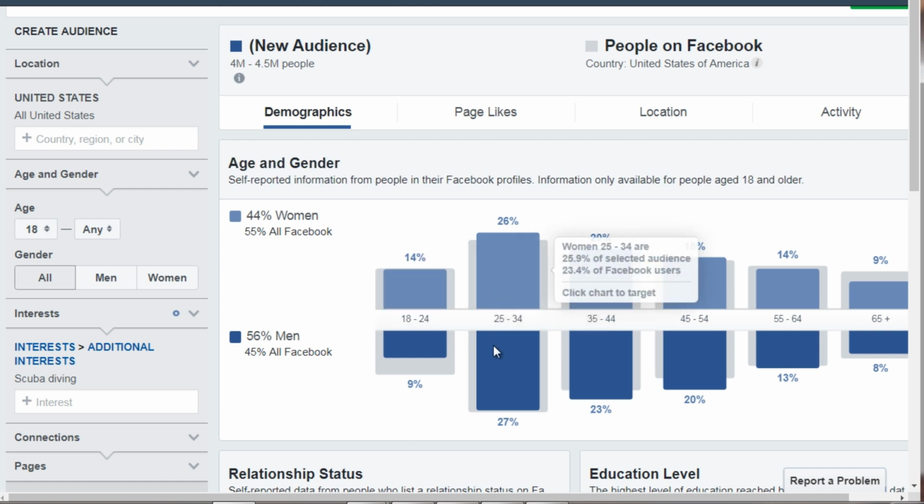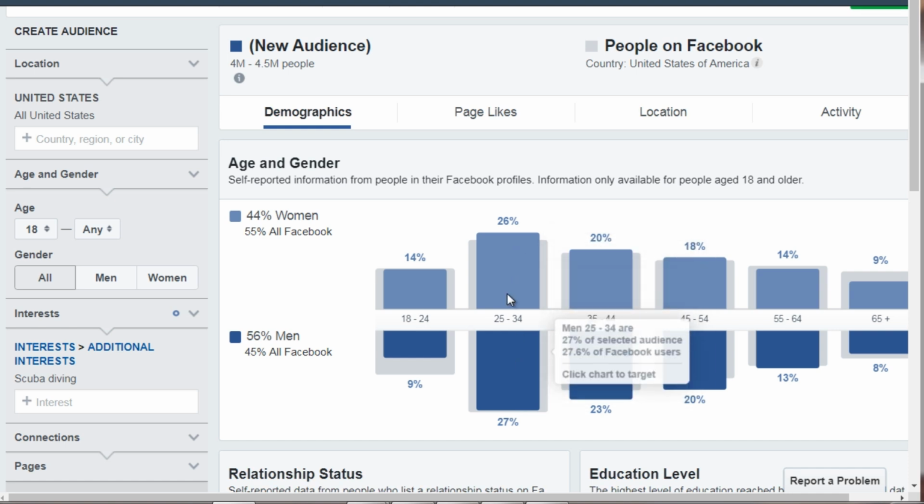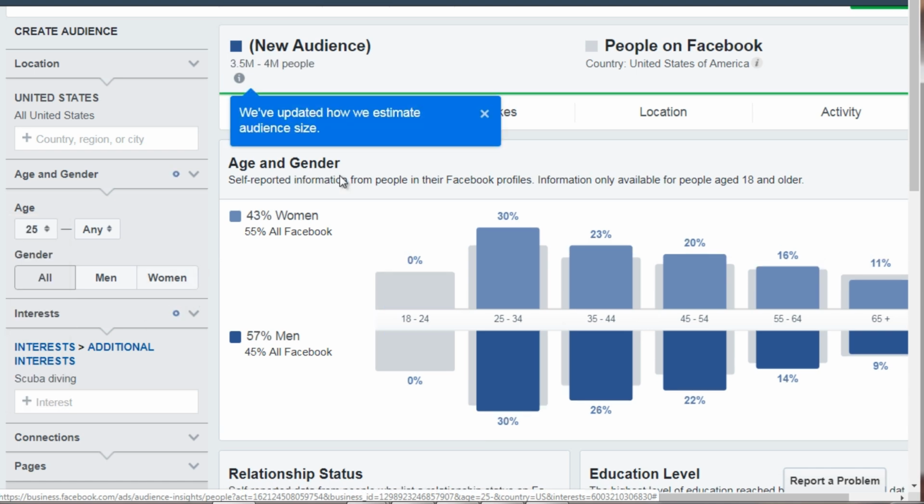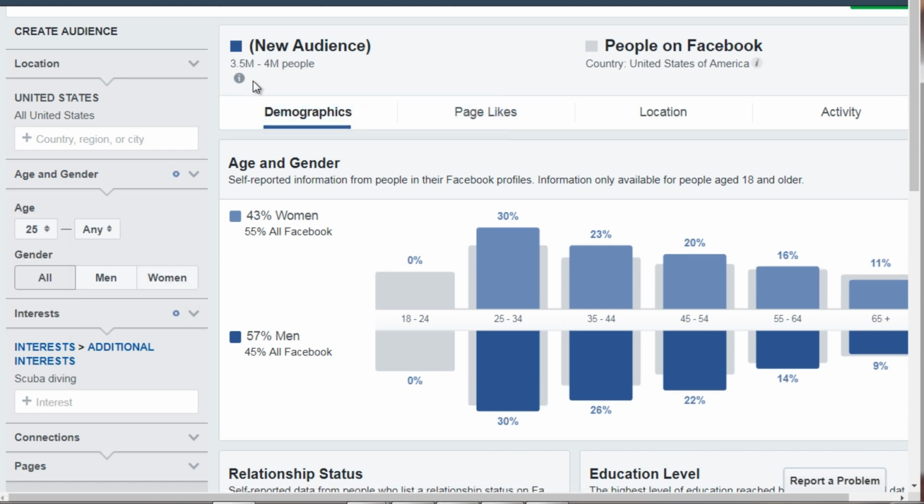Now, like I said, we see 25 to 34 as the age. So what I'm going to do is start at 25, like so. We can get an idea that this is the majority, and then it kind of sinks down here.